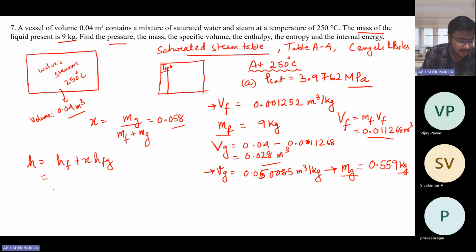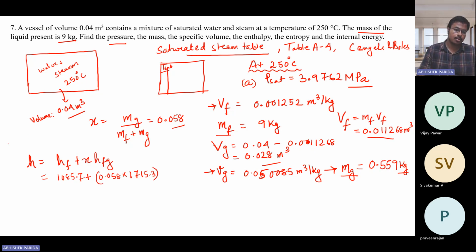Where HF, I am getting 1085.7 plus 0.058 into 1715.3.